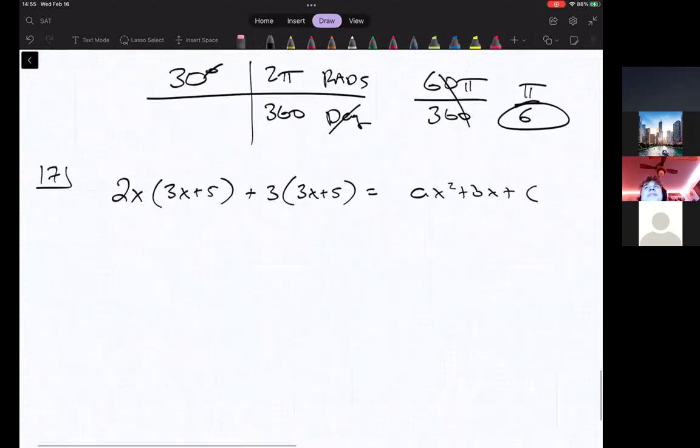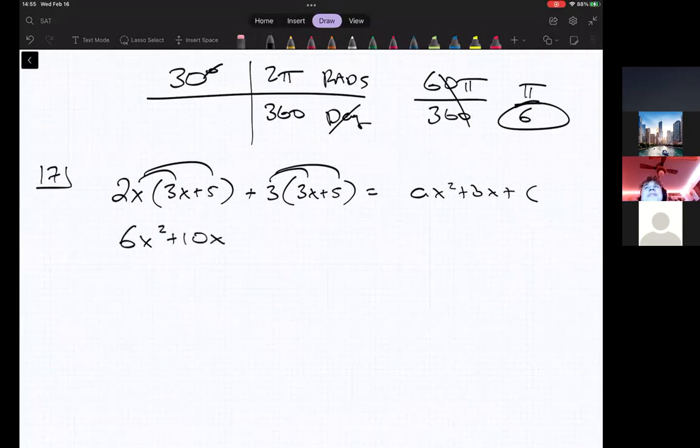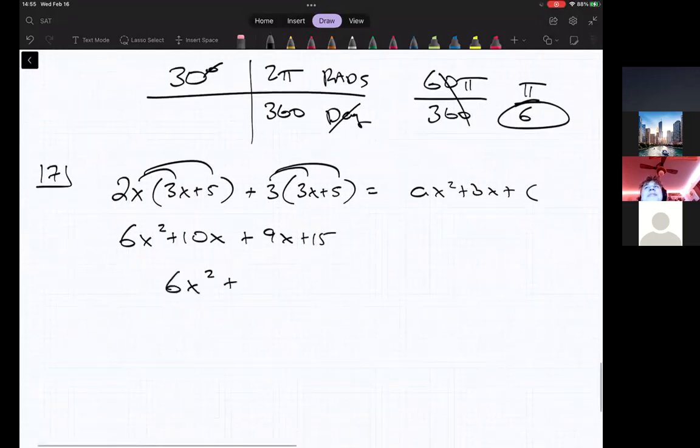Well, my instincts, and I could be wrong, are going to be trying to simplify this. And I know there's another way to do this, but I can't see it right now. So if I distribute this, I get 6x squared plus 10x plus 9x plus 15. And if I combine like terms, I get 6x squared plus 19x plus 15 equals ax squared plus bx plus c.